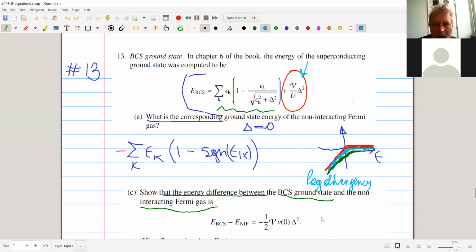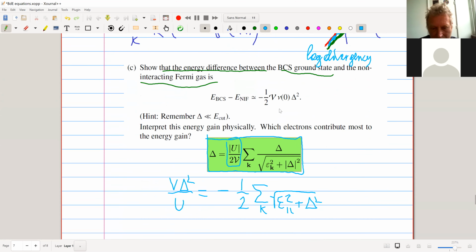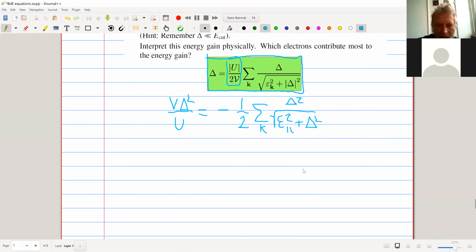Fine. I have to bring it here. Let's see, didn't I forget it? No, I guess it is. Oh, sorry, I've forgotten delta squared. So now I want to write everything together.